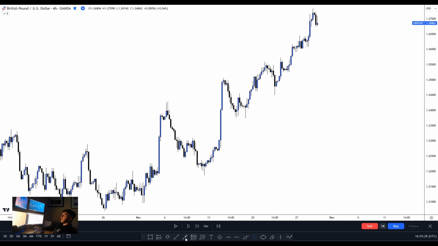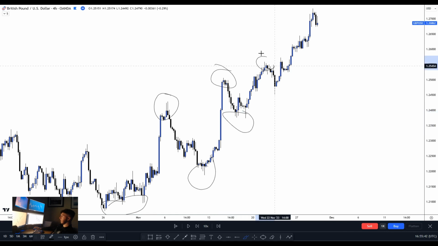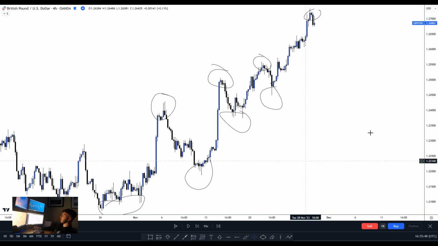So what do we identify with this market we are looking at right now? Super simple stuff. If we start from the bottom, you could call this a low. You then got high, low, high, low, high, low, and then up to the high. Now, there's a few different ways to look at this example, okay? Depending on the type of trader you are, you may say, I want to stick to the main points within this market.